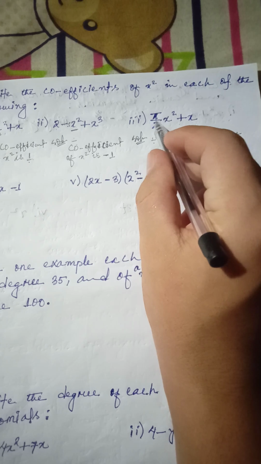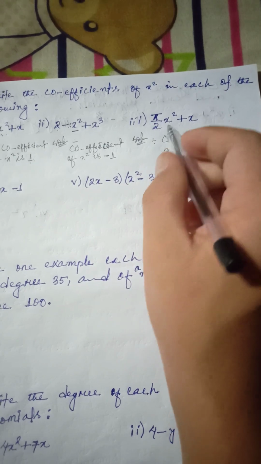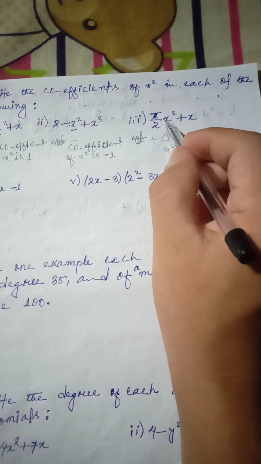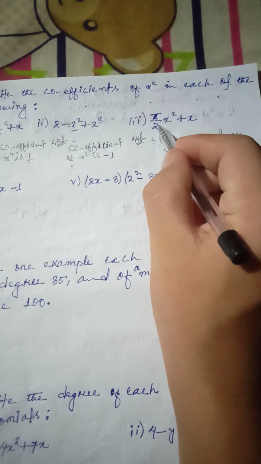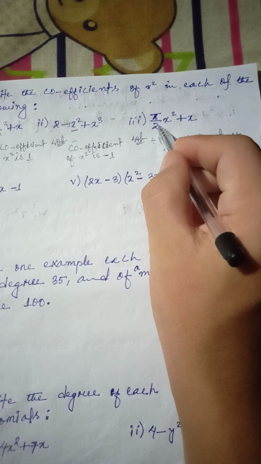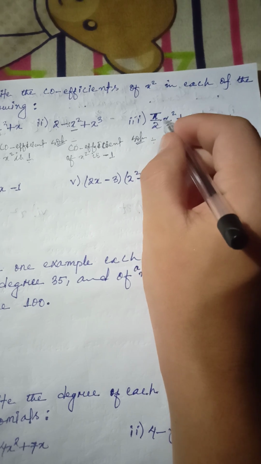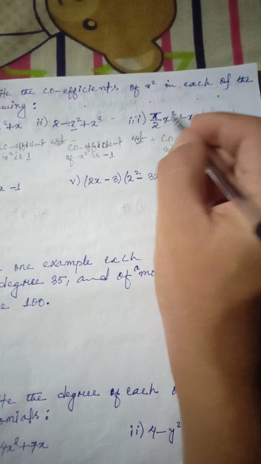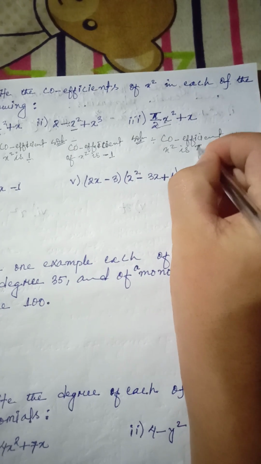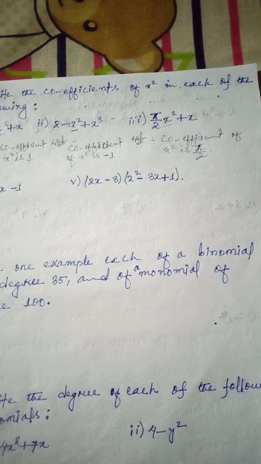As we already discussed in earlier classes, if it talks about the coefficient of x squared, whatever number we have just before this x squared, we have to take it. Here, just before x squared, we have pi by 2. That means the coefficient of x squared in this polynomial will be pi by 2. Can you understand it?